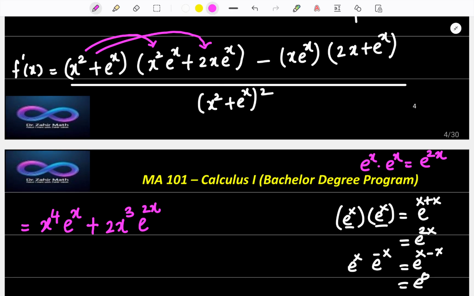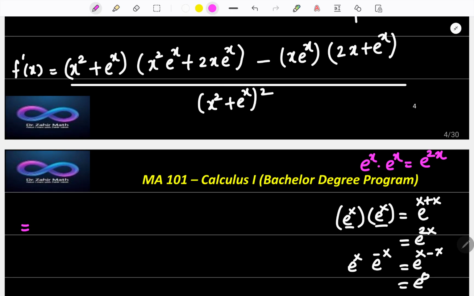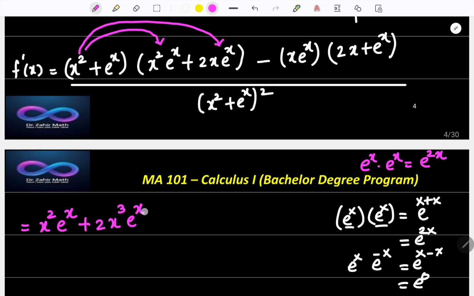So this I made again a mistake. Well, let me finish. Okay, correct. Again, I'm making mistakes. Wait, it is so clear. Wait, let me start again. X square into this is x square e power x. Finished. Same x square into this, which will be 2x cube e power x.